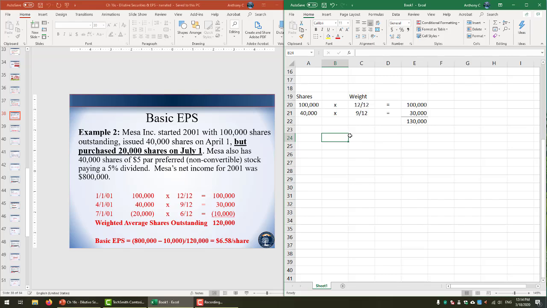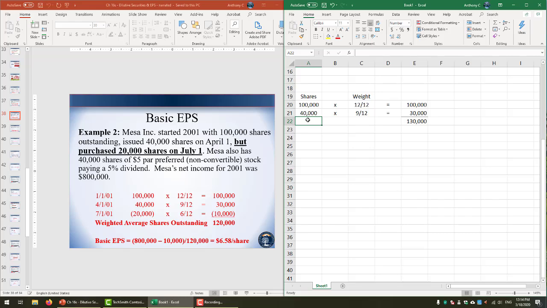Okay, so in this case, we still have the 100,000 shares from the beginning of the period, so it still receives the weight of 12 out of 12. The 40,000 shares is still issued on April 1st, so it's still going to receive a weight of 9 out of 12, from April out to the end of the year. In this case, however, the company is repurchasing 20,000 shares on July 1st.